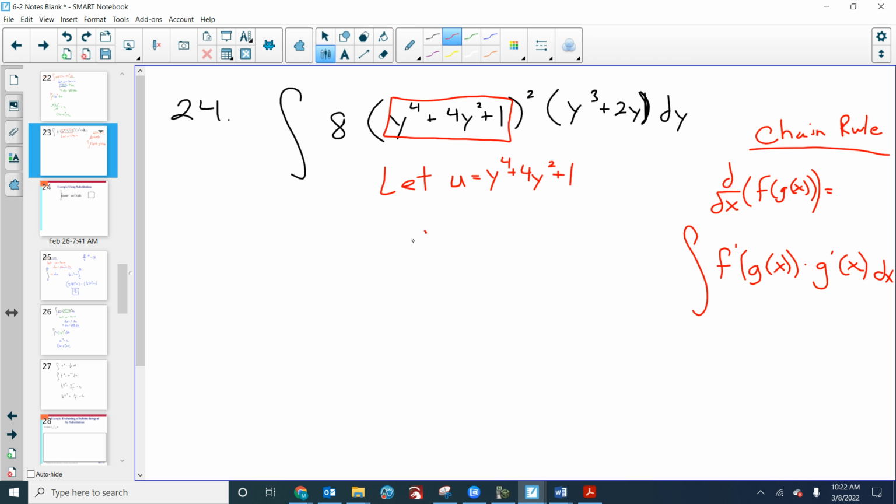What's du? 4y cubed plus 8y dy. And then what's the next question we ask ourselves? You're helping me out today. You just gotta get your hands dirty. What's the next question we're asking ourselves?